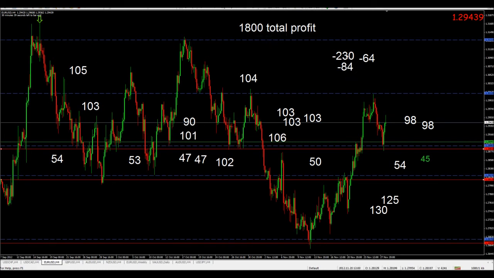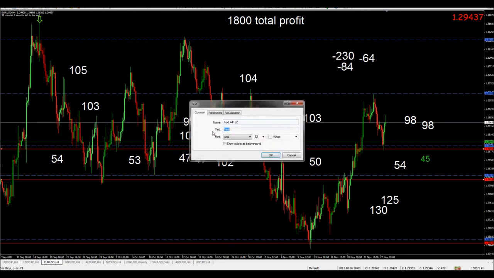So anyway, I'll add these up now. We've got minus 310. It's 310 minus about, we'll just say 380, which is saying the minus is a little bit higher. So I'll just put that here.